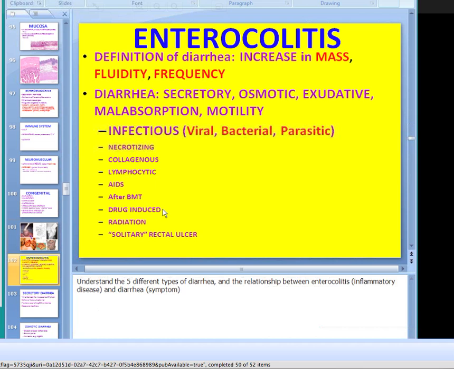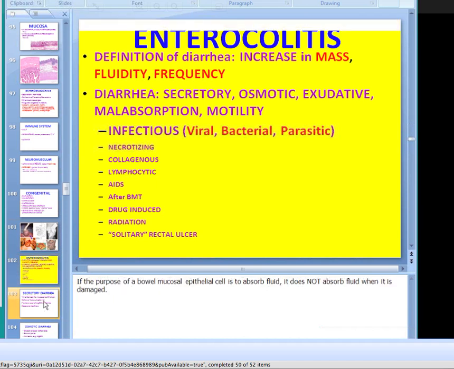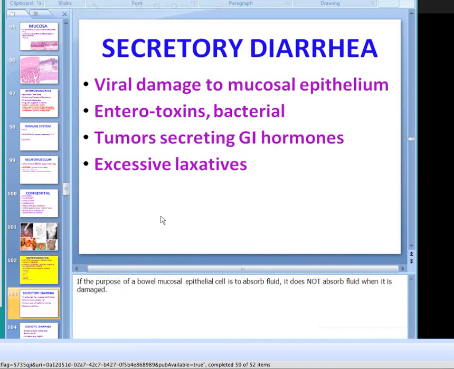As you might guess, aspirin's at the top of the list, just like it was in the stomach, radiation, the so-called solitary rectal ulcer, and maybe a little bit on typhlitis as well. And if you don't know what typhlitis is, that means you didn't read your outlines today.